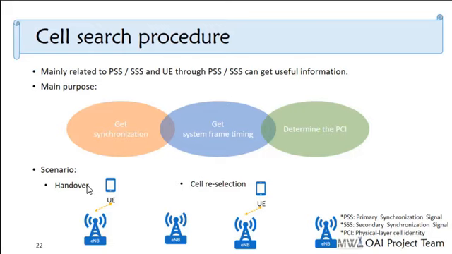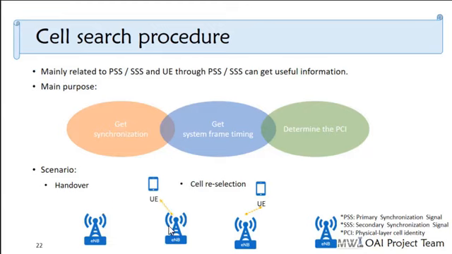Here there are two situations. One is handover, and I'll explain what handover is. Handover means the UE will go to another place and have to connect to the other node.